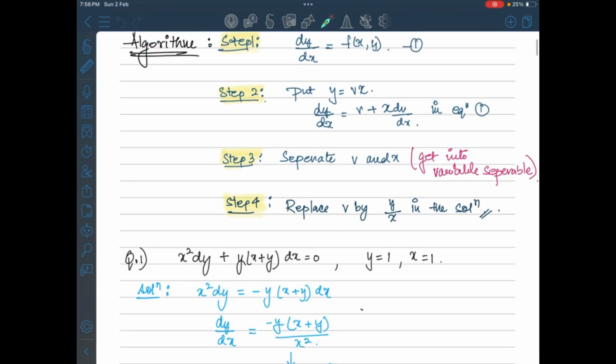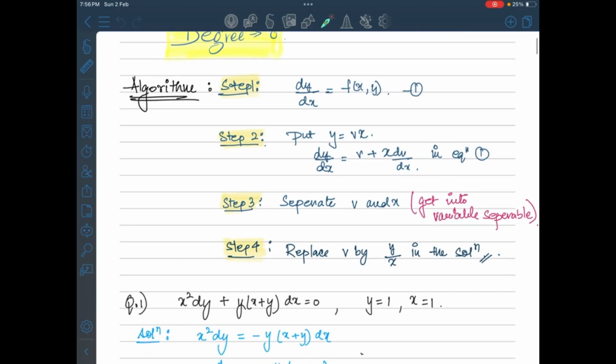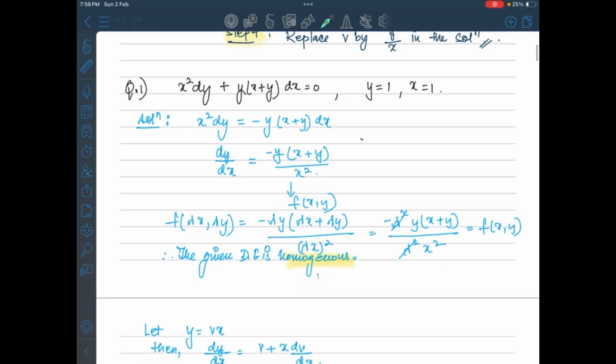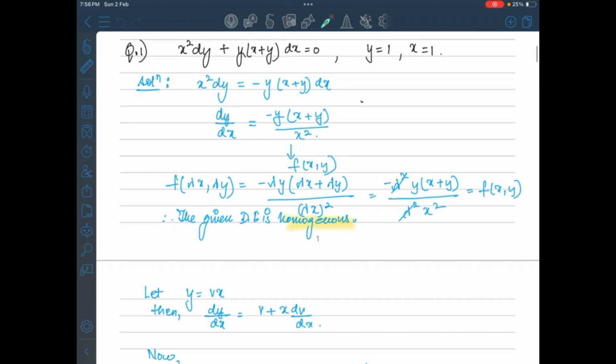I hope the algorithm is clear to all. Let us proceed. Now let us see this equation. Now after looking at this equation, first, as I told you, write dy by dx. Now this thing is your f of x comma y. After writing that, just for your satisfaction, you can check.